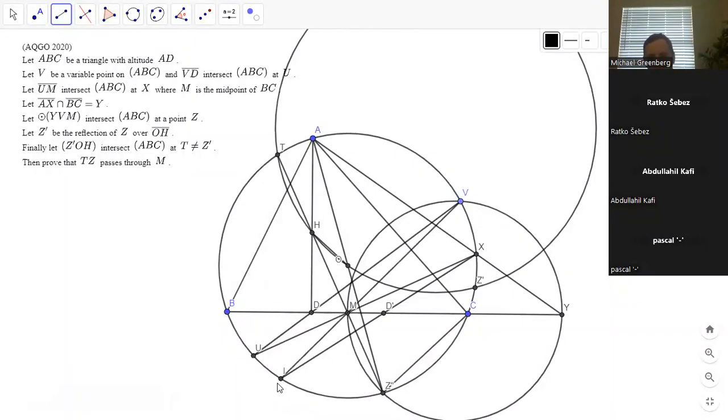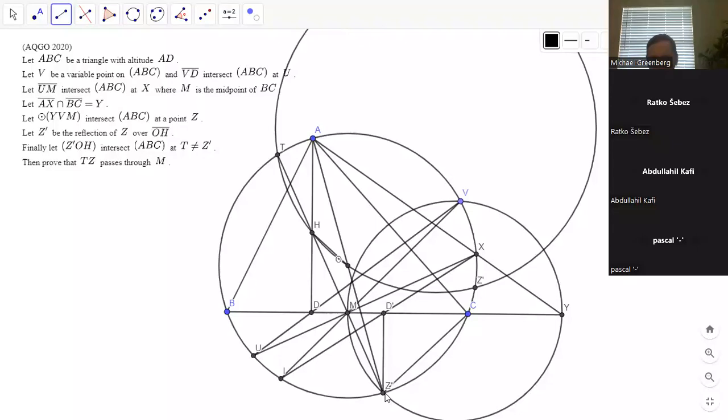Okay, so Z prime is defined as the antipode, just like in the picture. And we want to show that Z prime lies on the circle. It is obvious that Z prime D prime is perpendicular to BC. This point Z double prime is defined to be the antipode, so from there it's obvious that it's perpendicular.